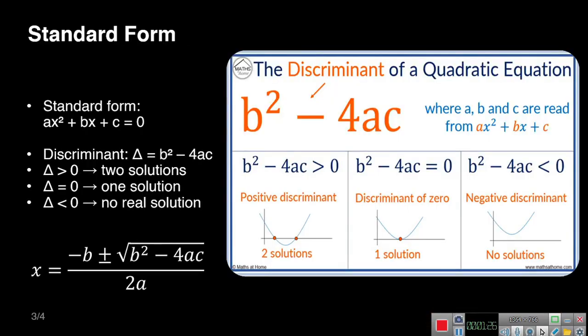Look at the standard form of quadratic equations. It is a x squared plus b x plus c equals 0.